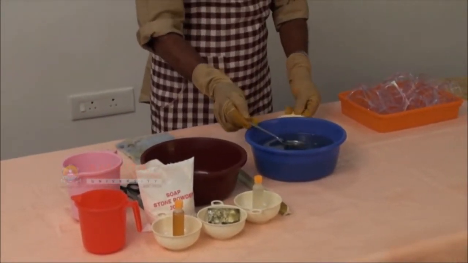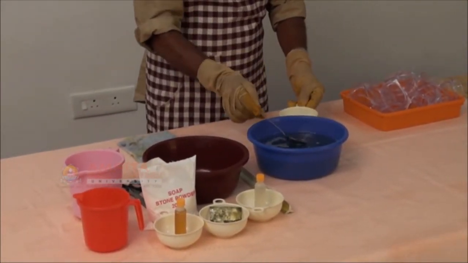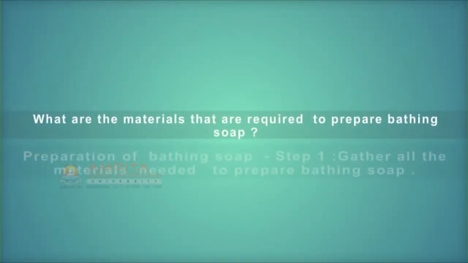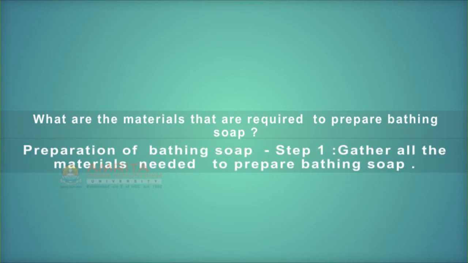Now, let's see what are the materials and ingredients needed to prepare bathing soap. Step 1. Gather all the materials needed for the job.